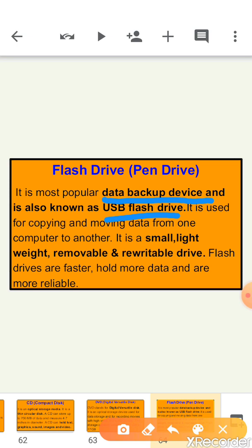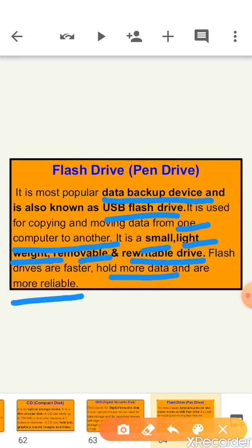It is used to copy and move data from one computer to another. It is a small, lightweight, removable, rewritable drive. Flash drives are faster, hold more data and are more reliable.